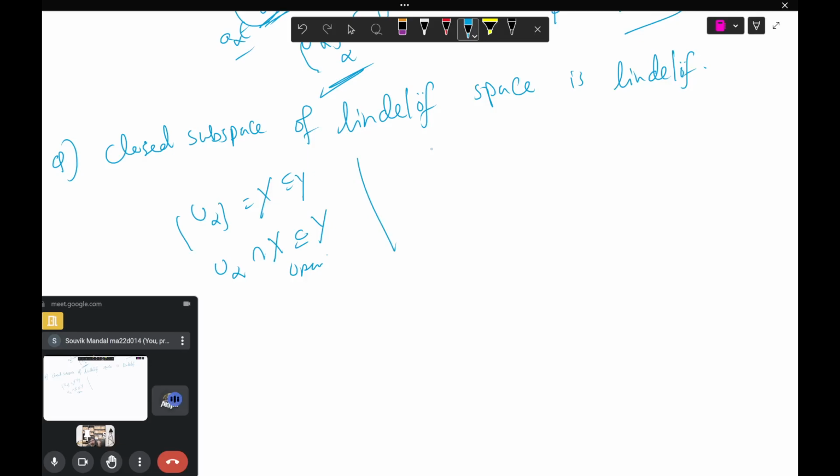So if we write Y as a union of U alpha intersection X, with alpha in the index set. Since X is Lindelof, X is also contained in that union of U alpha.